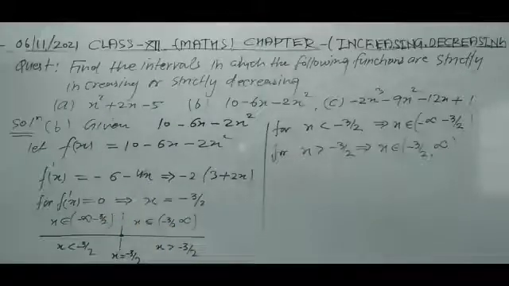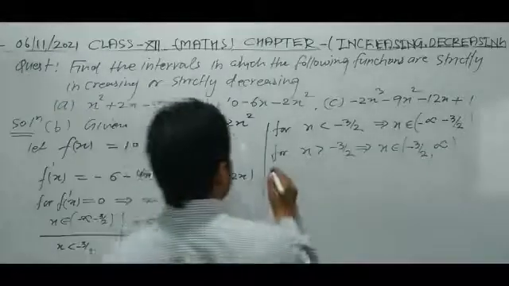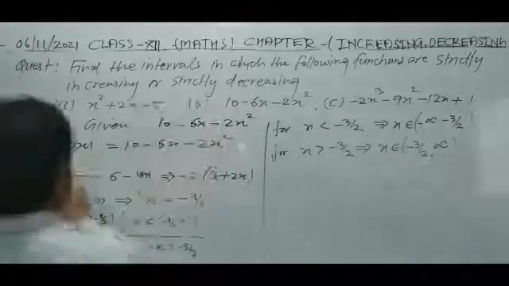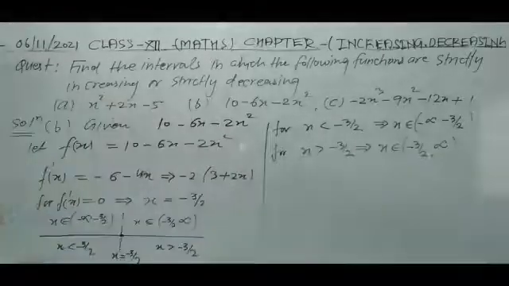See, now in one interval the function will increase, and in the other interval the function will decrease. So in which interval is the function increasing? Those intervals in which f dash x is greater than 0, we can say the function is increasing in those intervals. So we can suppose f dash x value is minus 2 times 3 plus 2x.